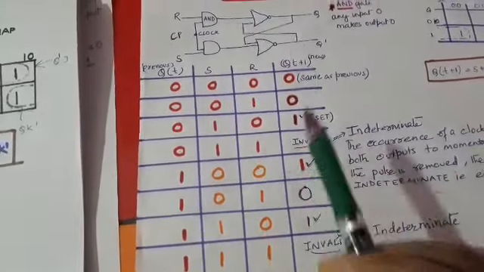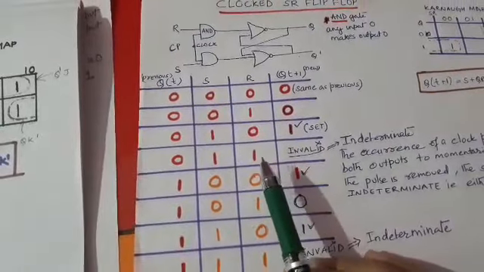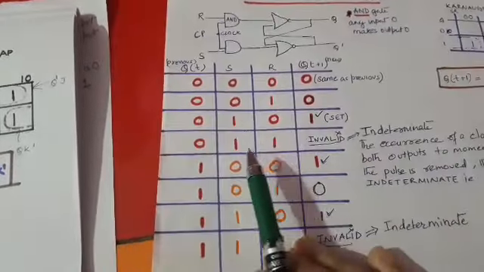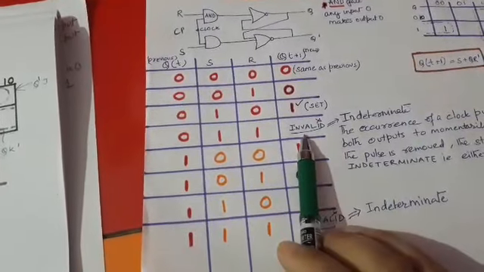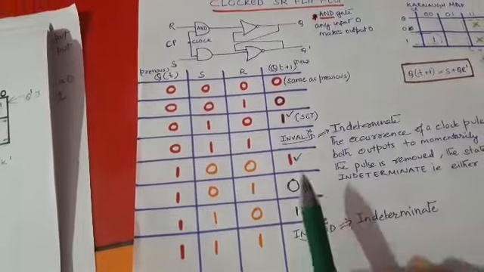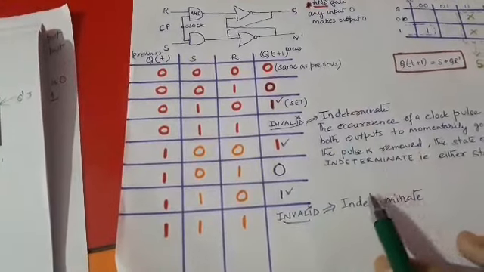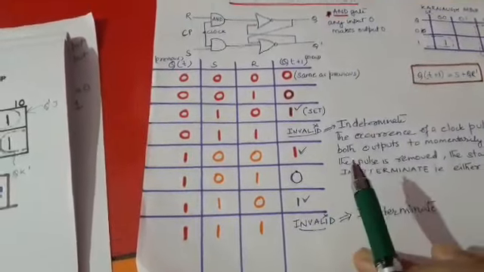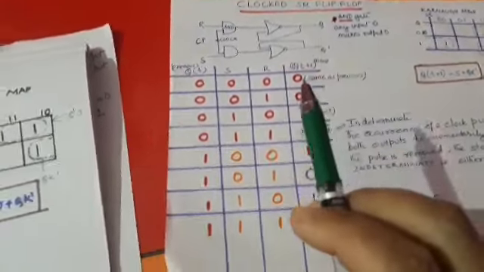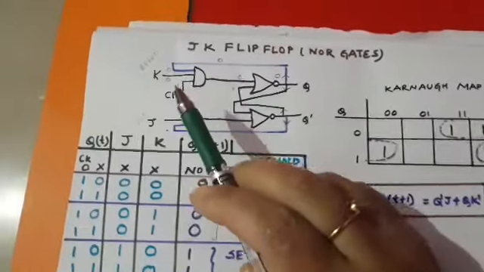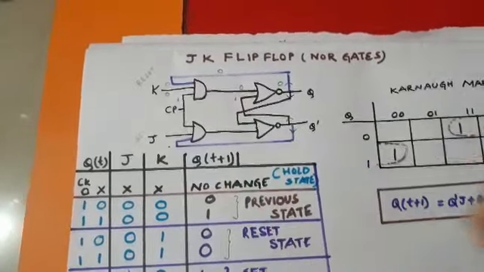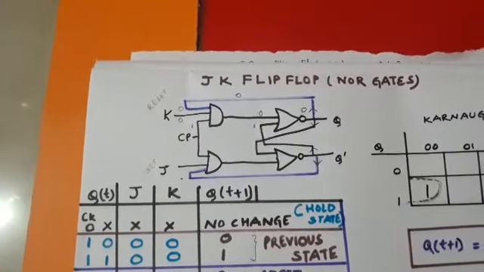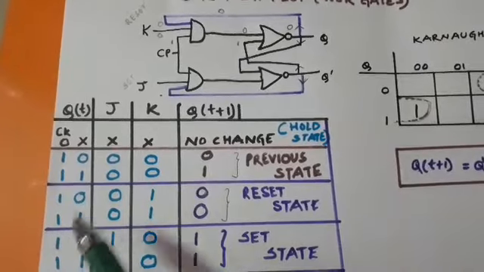If you remember, in the truth table of RS flip-flop, when R and S are both 1 and 1, here also 1 1, then we had encountered this invalid state in the previous RS flip-flop with the clock pulse, and we had the problem of indeterminate. So to overcome that, we have this new version of RS flip-flop, which is called JK flip-flop. And this addition of these lines will solve the problem of the invalid state. Now let us look at the truth table.